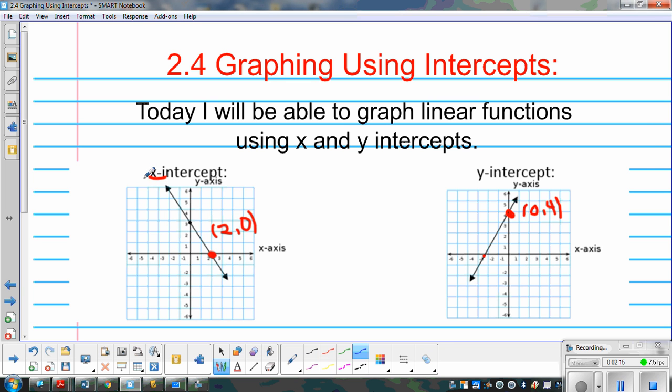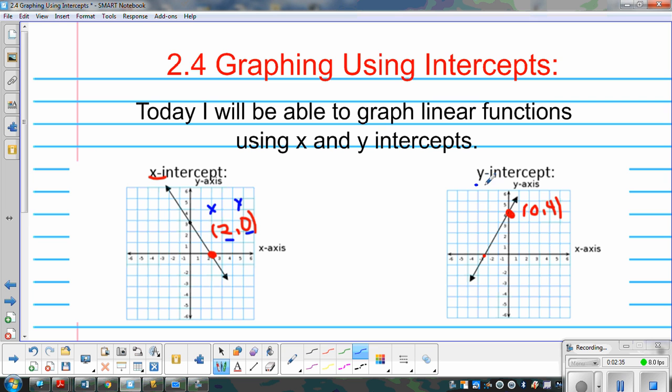When we talk about the x-intercept, the x-coordinate has a number, and the y-coordinate is always 0. Just to reaffirm that, the x-coordinate is the number, the y-coordinate is always 0.